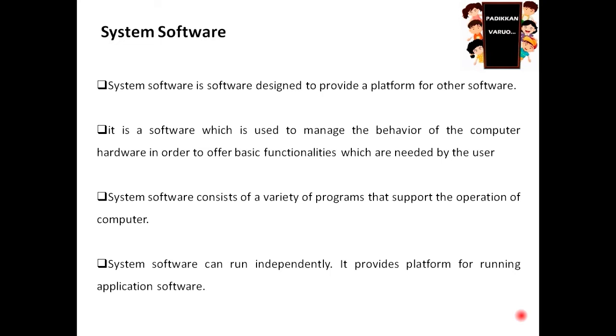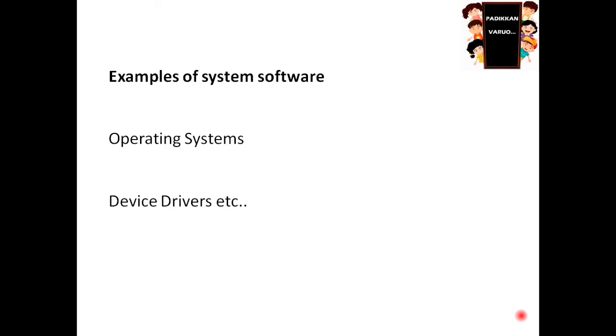So a system software can run independently, and it provides a platform for running the application software. If any sort of error or virus attack takes place in a system software, then the operation of the computer will get totally affected. The examples of system softwares are operating systems, device drivers, etc.